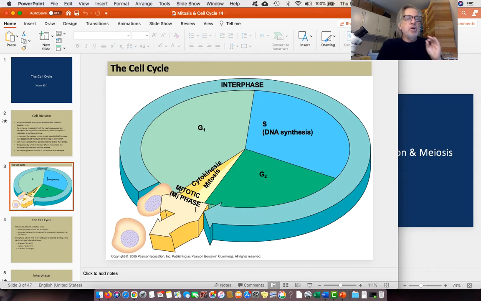Don't forget that the goal of mitosis is to create genetically identical daughter cells, and these cells are genetically identical except for random mutations, which are a rare event but do occur. It's also important to remember that the word mitosis is used in three different ways. One, simply as the separation of the DNA.